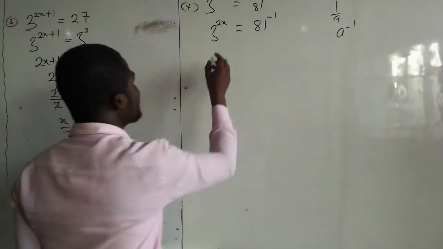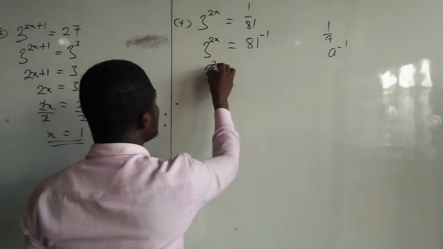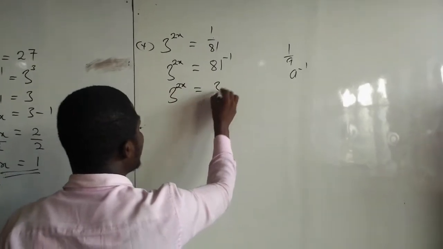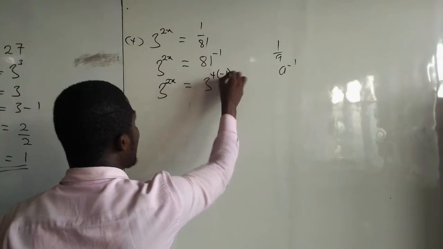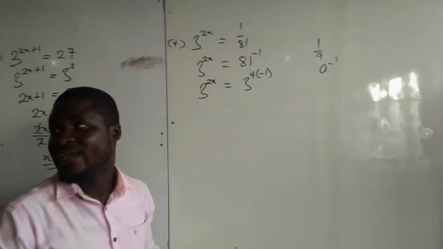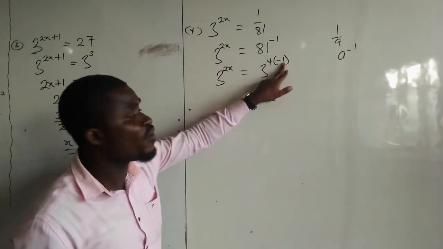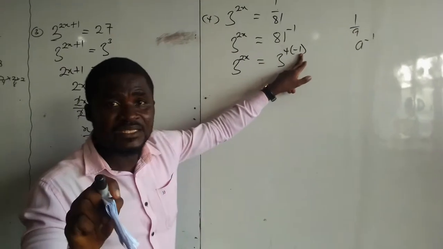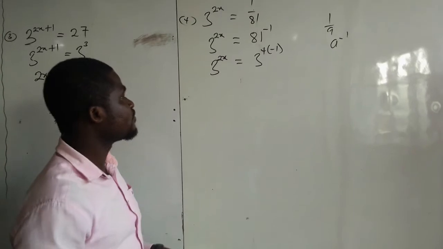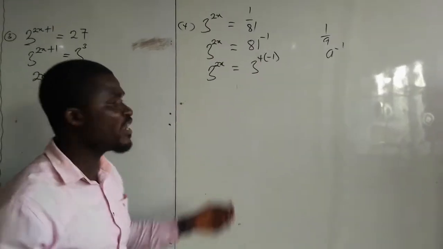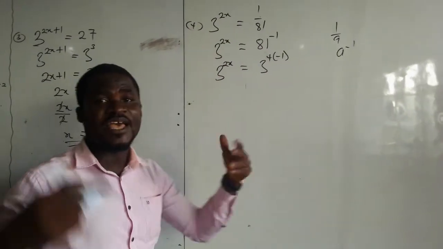So we are going to have 3 exponent 2x equals 3 exponent 4, all in bracket, exponent negative 1. Please put the negative 1 in bracket. If you don't put it in bracket, you get it wrong. So the law says that whenever the bases are the same, we should equate the exponents.